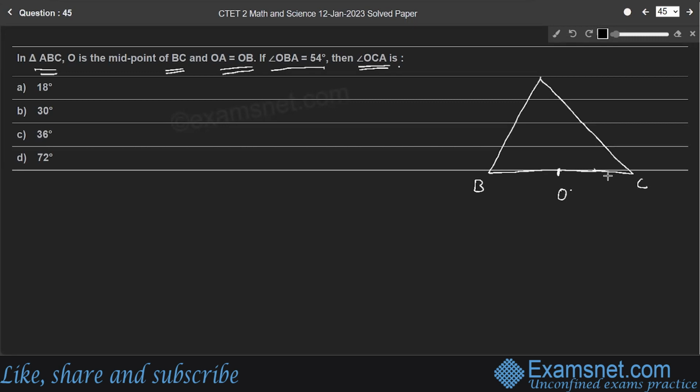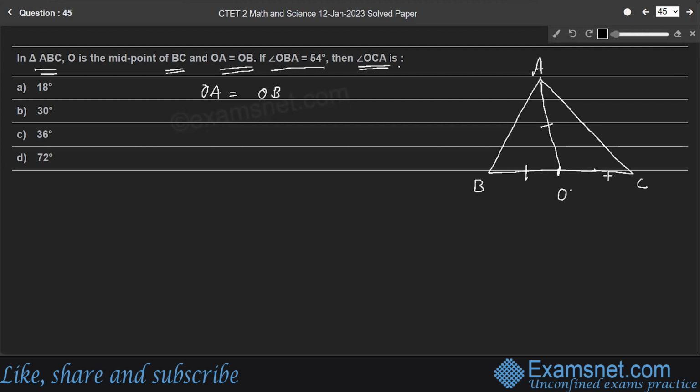O is the midpoint of BC, right? OA is equal to OB. We'll consider point A here. So OA is equal to OB.